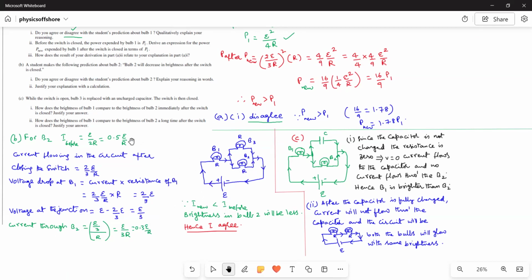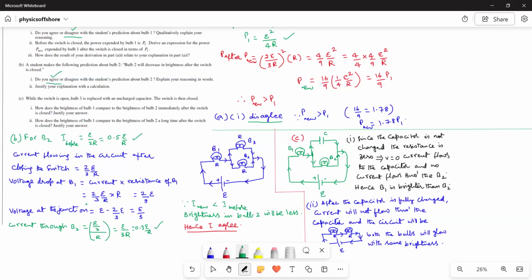Before it is 0.5 E by R, now it is 0.3 E by R, which is less than this one. Am I right? So the brightness of bulb 2 will be less. So we are agreeing. Do you agree? Yes.